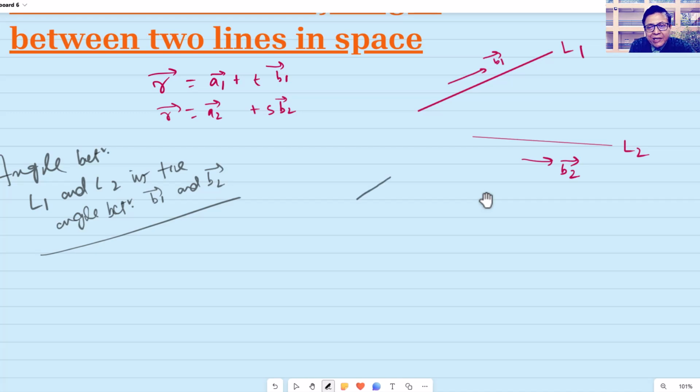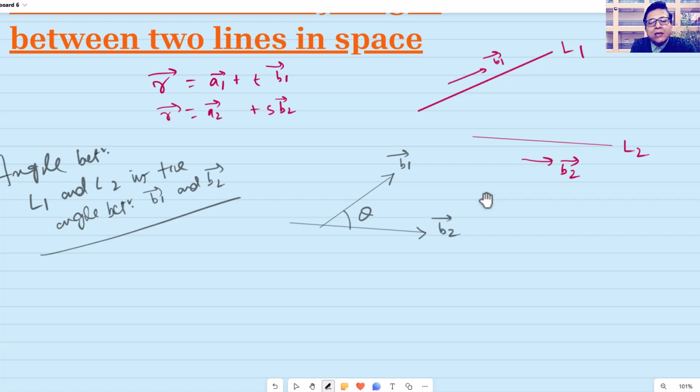Assume they meet at the point O. This is the direction of b1 and this is the direction of b2. We have produced them, because a vector can be slid parallel to itself. Theta be the angle. So, angle between L1 and L2 is the angle between b1 and b2.